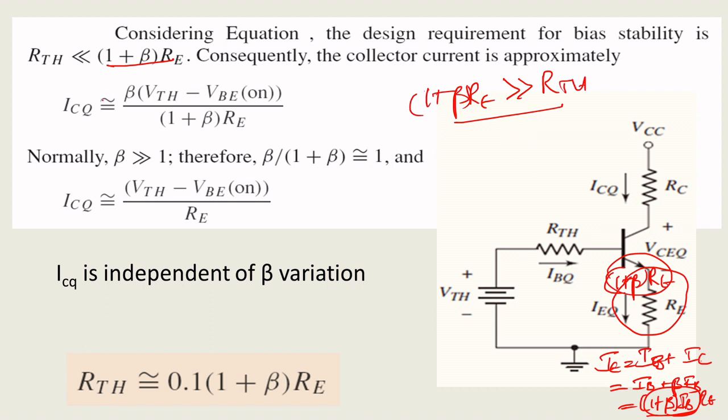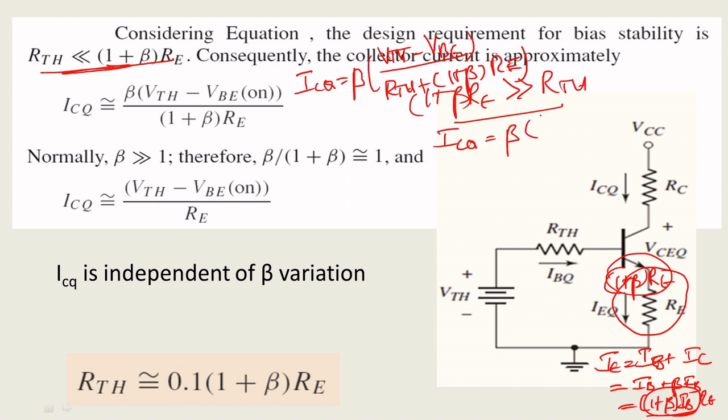And also see, what is the IC equation? So we know that VTH minus VBE divided by RTH plus 1 plus beta RE. This is the equation we studied, right? So with this consideration, I can write IC equal to beta, VTH minus VBE, divided by 1 plus beta RE.